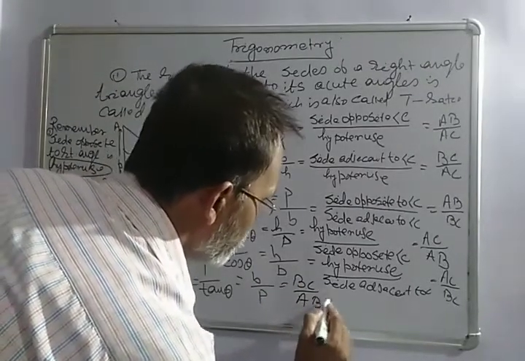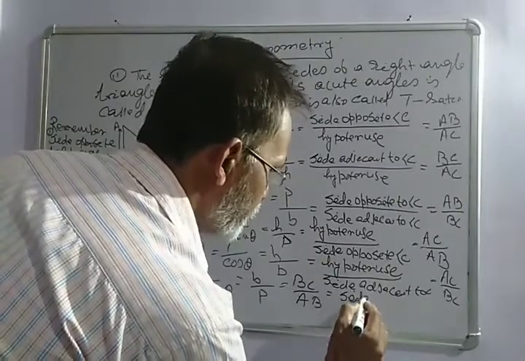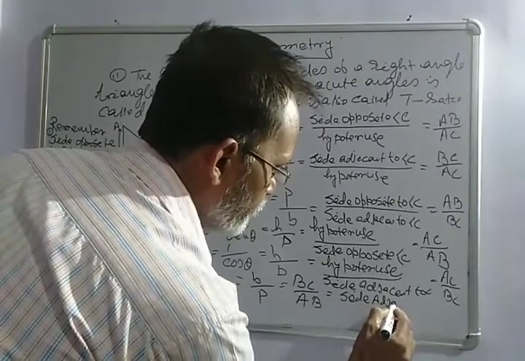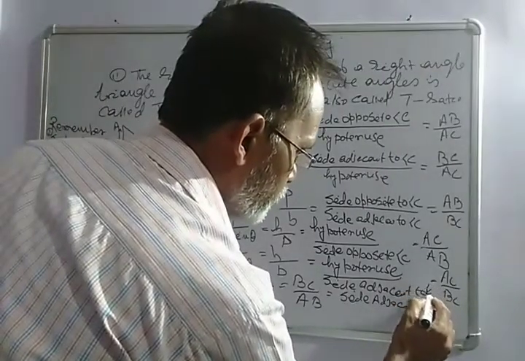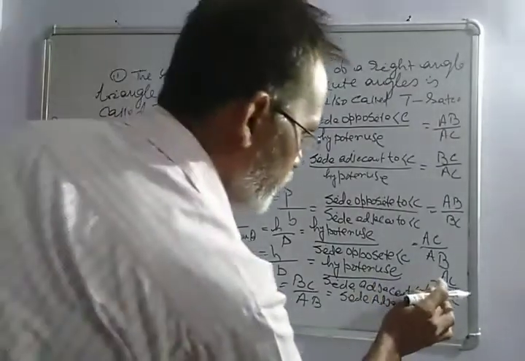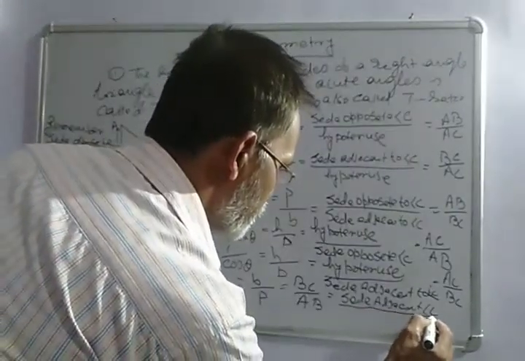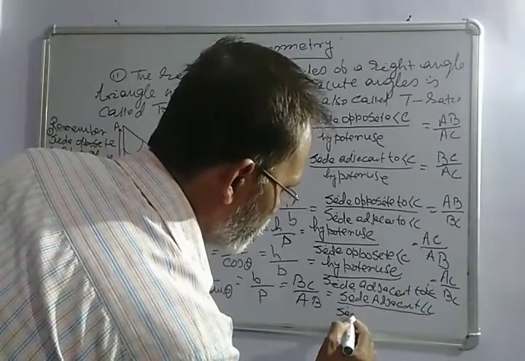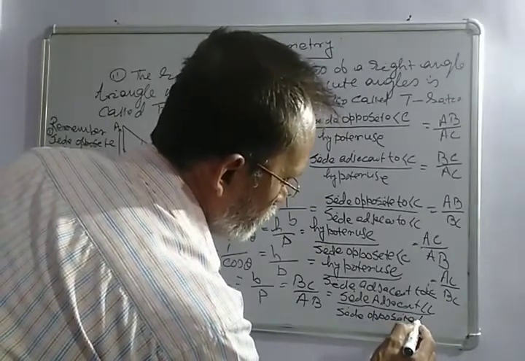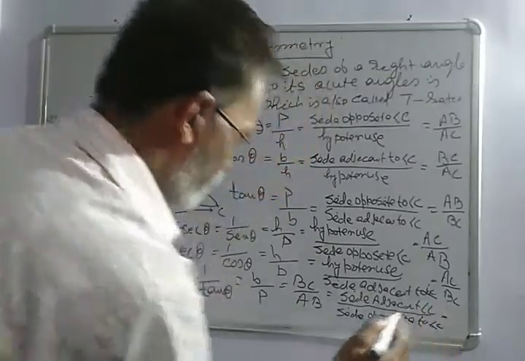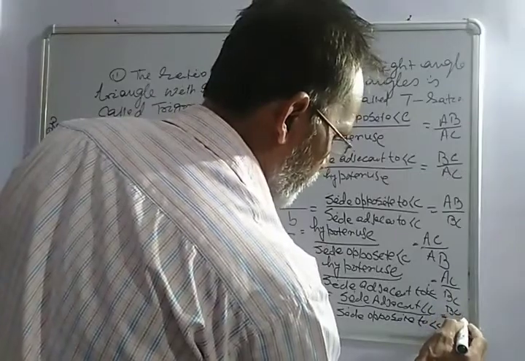And this is equal to the side adjacent to angle C by the side opposite to angle C, that is BC by AB.